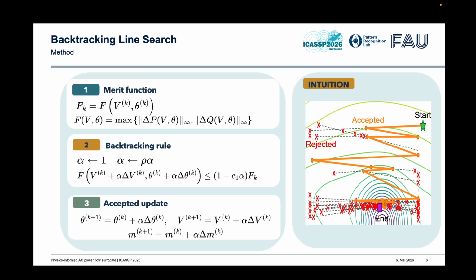So the merit function is a simpler version of the power flow equation, which just takes the infinity norm over the entire nodes. So it takes just the maximum node features, not seeing every node in the grid. So it's a very lightweight inference time correction mechanism. The physics equations are incorporated into the training loss function with the physics-informed loss.